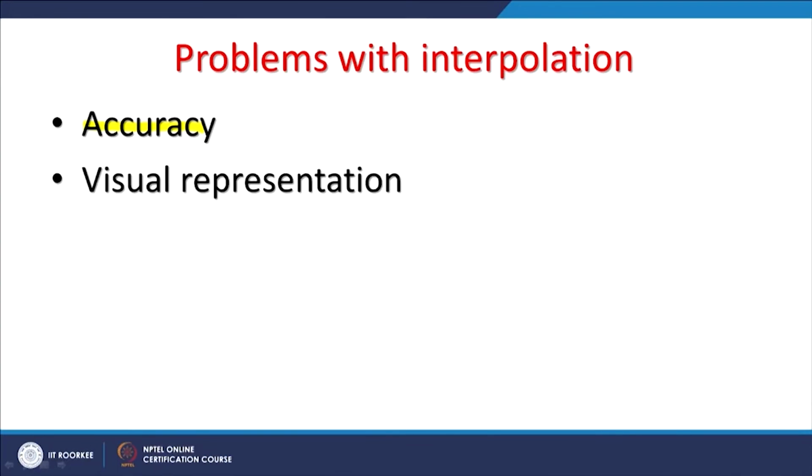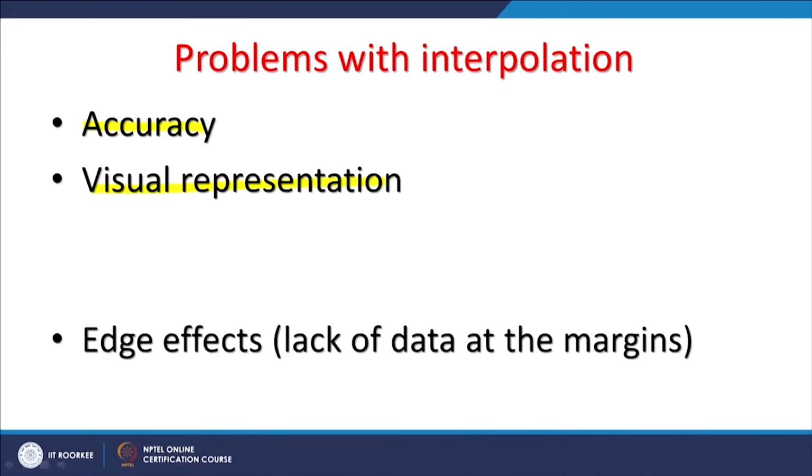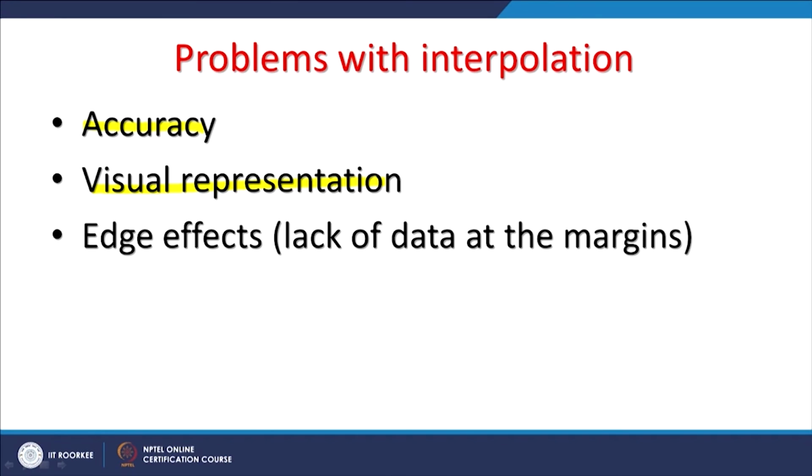In future lectures, we will also discuss how to check whether my digital elevation model, employing a particular spatial interpolation technique, is really accurate. That part can also be checked. Visual checking is also possible.